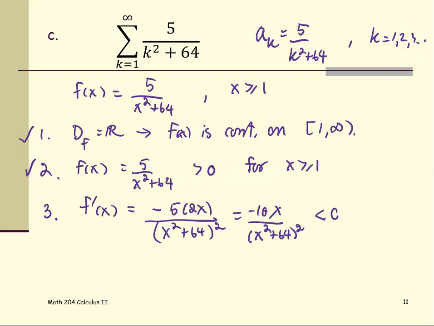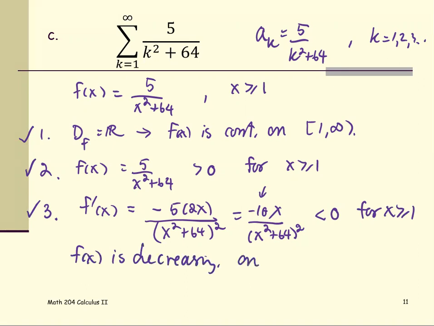It's going to be less than 0 for x greater than or equal to 1 as the sign is negative here. Confirm the negative quantity. Therefore, f(x) is decreasing on the interval 1 to infinity. So we meet all three criteria again of the integral test.